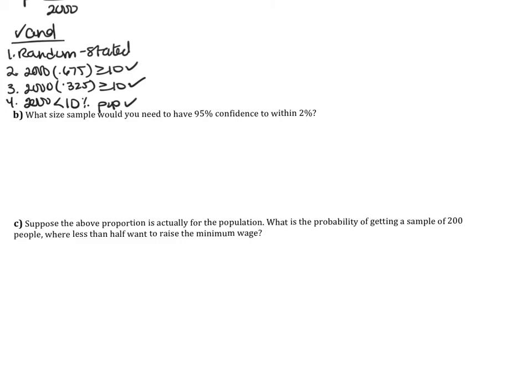I want a 90% confidence interval. This is a 1 proportion z interval. So I'm going to say p plus or minus z star times the standard deviation, and plug in everything I know in order to do this.